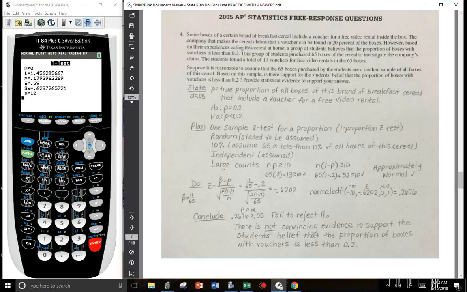Our P naught is 0.2. Our X is 11. Our N is 65. Do you follow what I have entered there? Okay, we need to be doing less than for our symbol. So my Z is negative 0.62. My P value is 0.2676. And then I make my conclusion and I'm good to go. Everybody cool with that one?